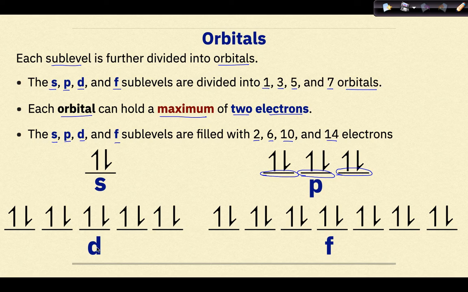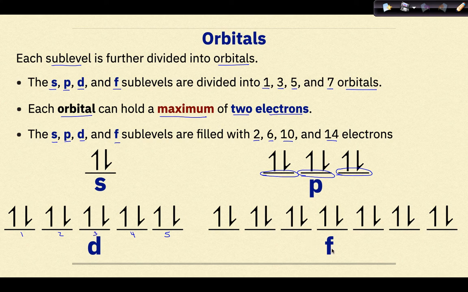The d sublevel has 5 orbitals. 1, 2, 3, 4, 5. The maximum number of electrons per orbital is 2 electrons. So the maximum number of electrons that you can have in the d sublevel is 10.